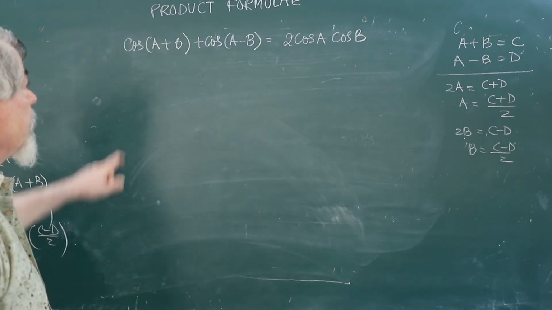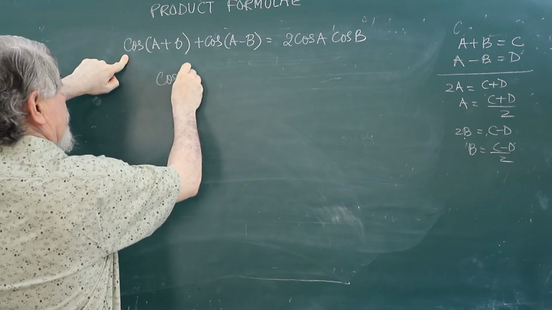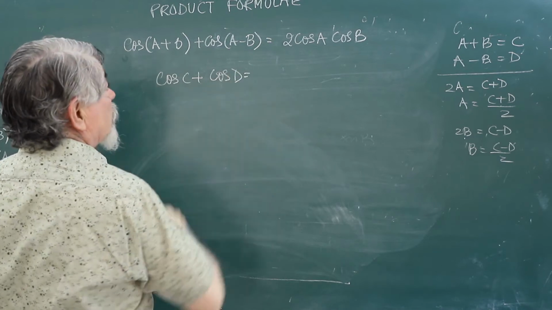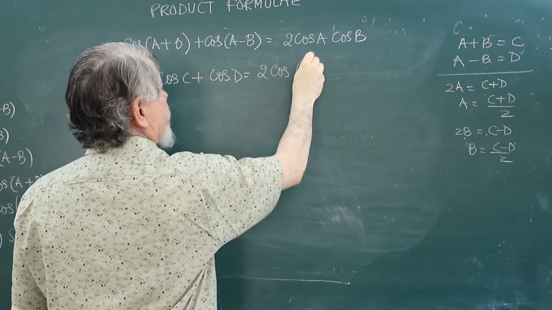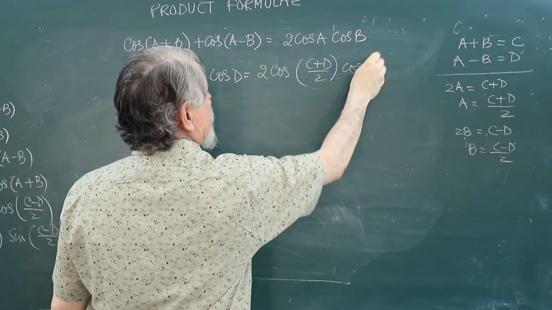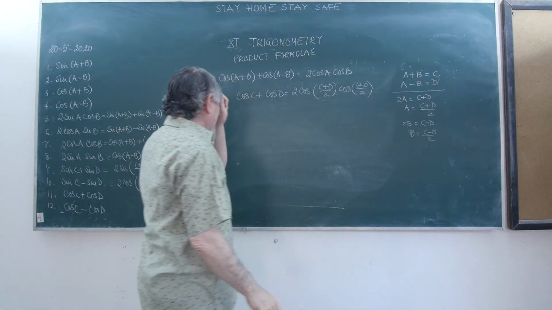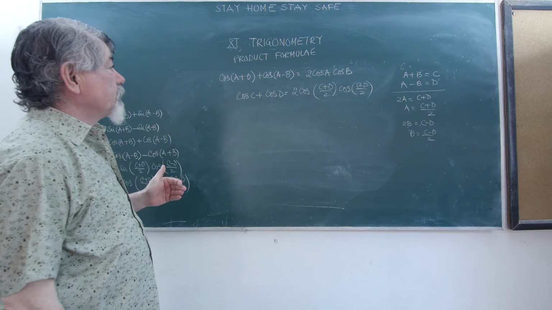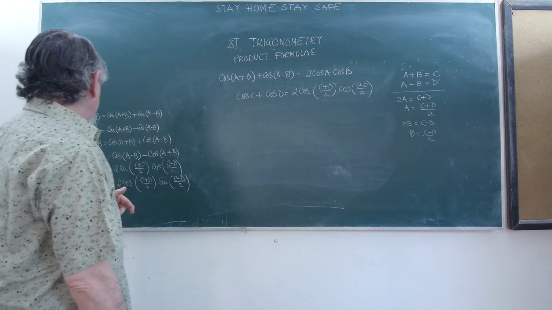Now it will become cos C plus cos D, which will be equal to what? 2 cos C plus D upon 2 and cos C minus D upon 2. Remember that cos C plus cos D will be 2 cos C plus D upon 2 cos C minus D upon 2.